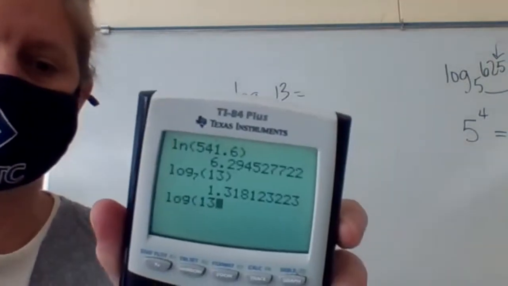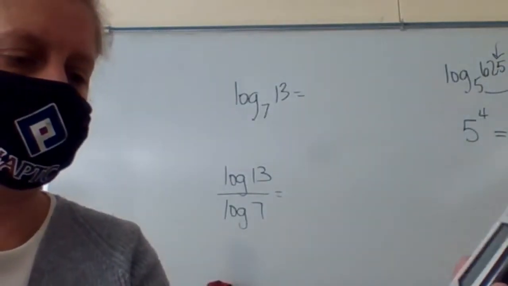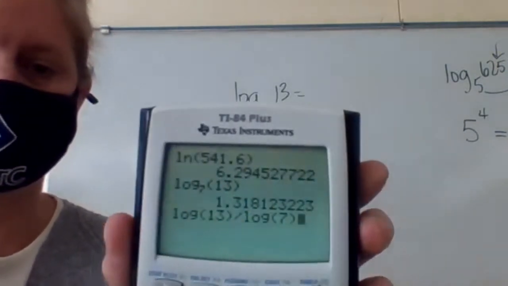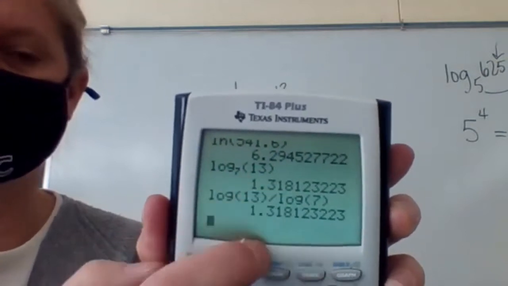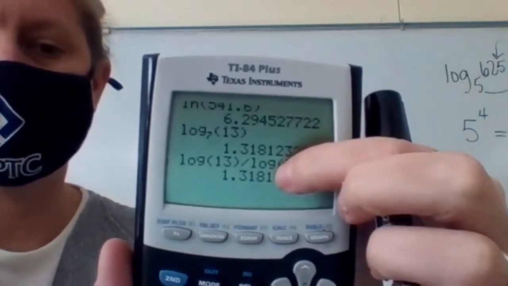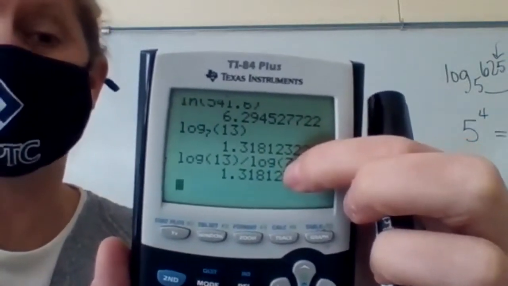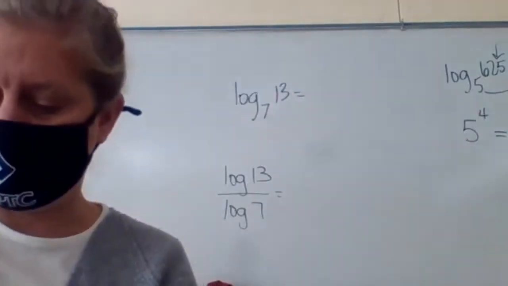So log 13 close divided by log 7 close. So you'll notice it gives you the same answer. So if we're rounding to 4 decimals, after that 1 is a 2, so I don't need to round up the 1. So 1.3181.